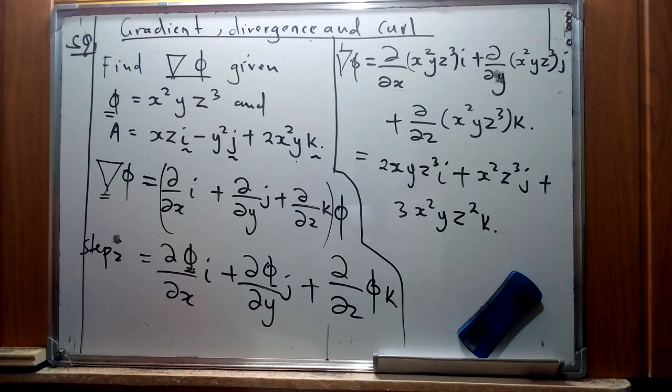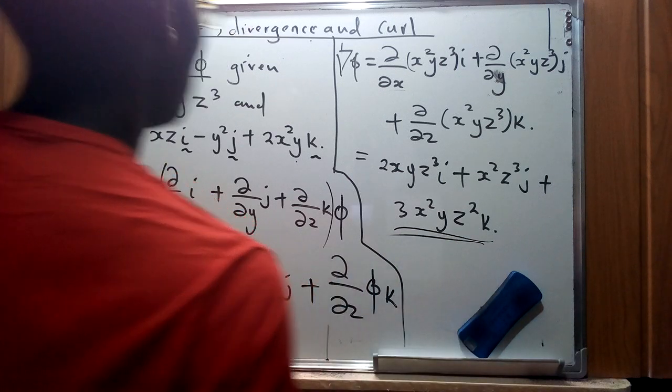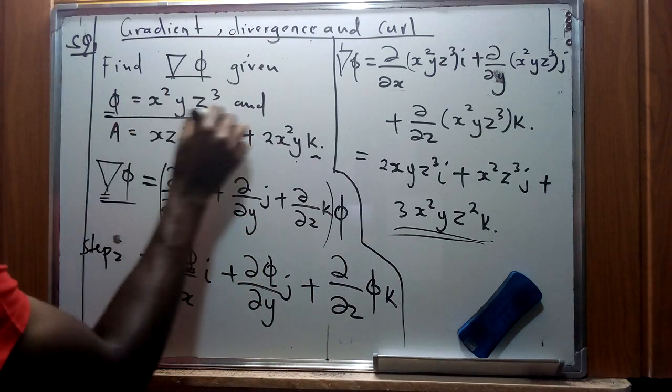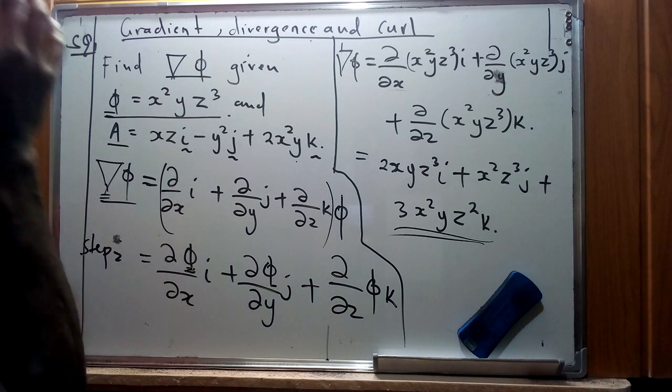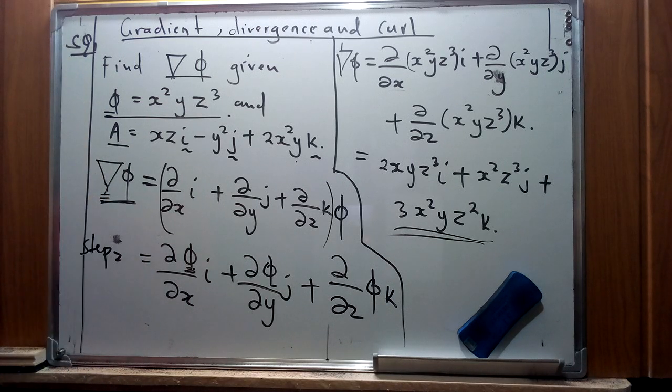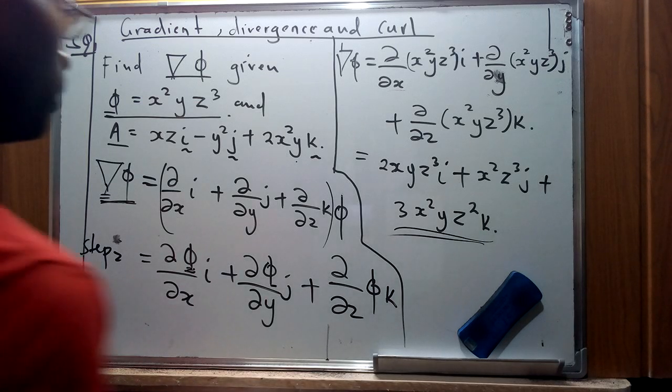So basically that's how we find del phi, which represents the gradient. Given an equation of this particular nature and a vector A, and we have been asked to find the gradient, we can use the above procedure in trying to find that specific gradient from the information that we have been given.